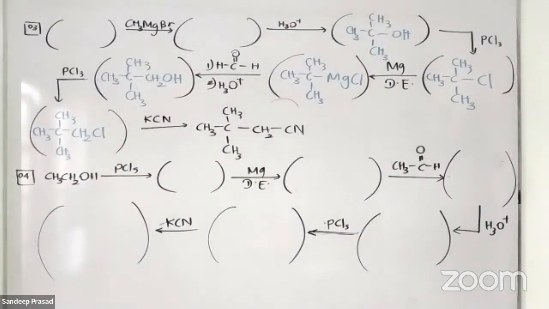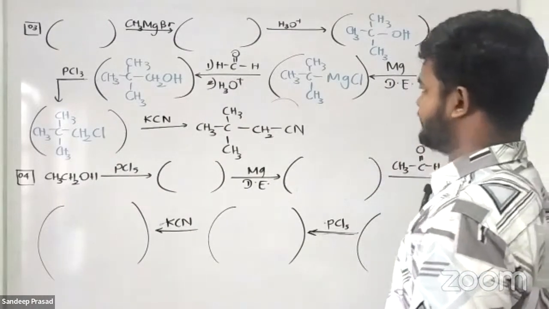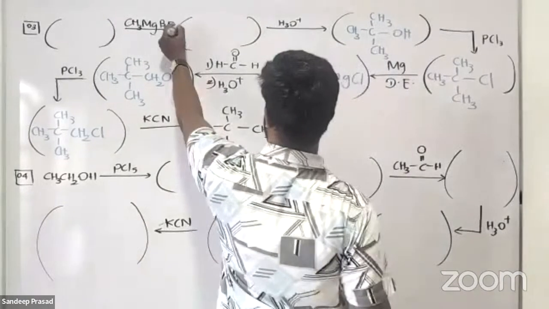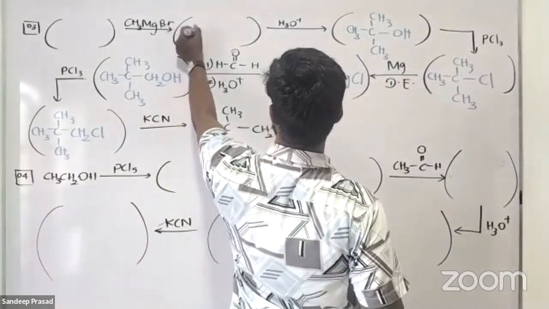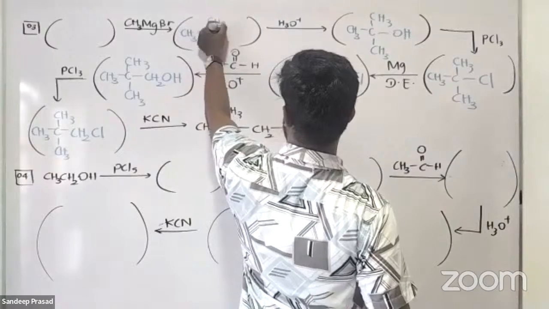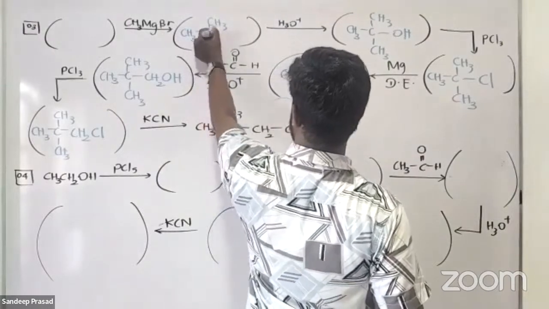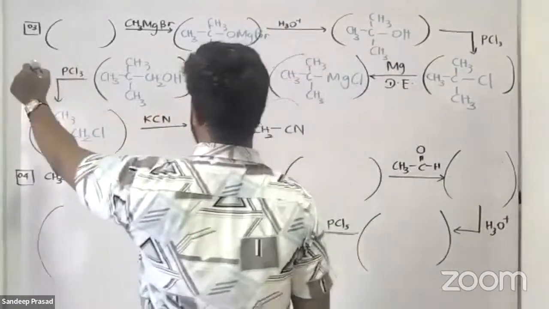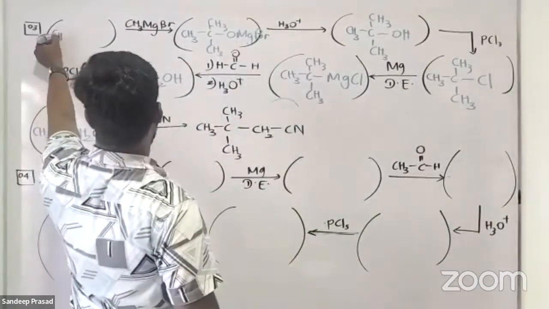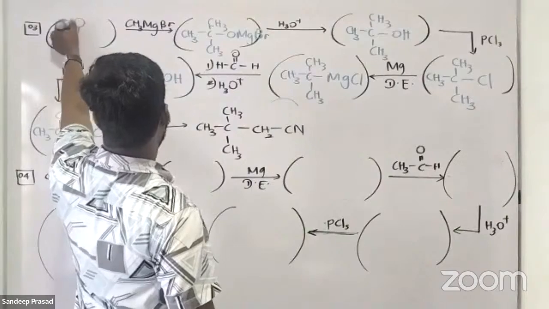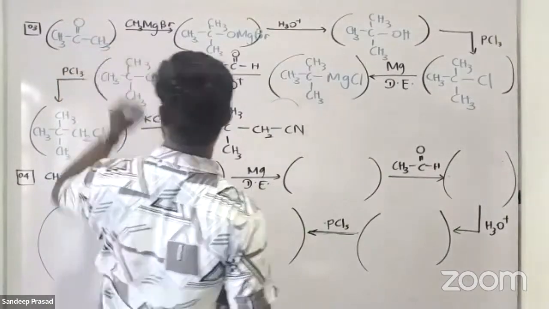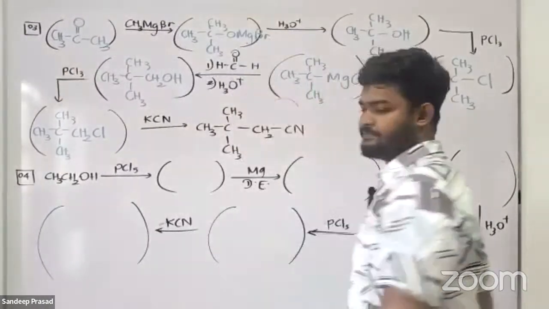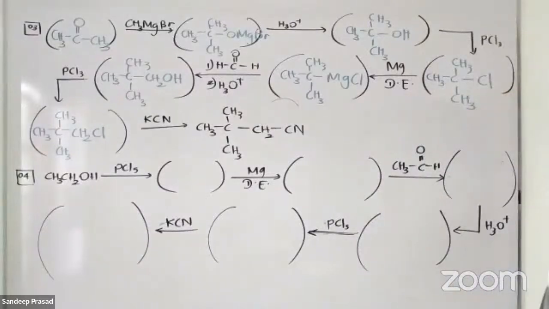Then here H3O plus is added. Therefore, the previous compound is CH3CCH3OMgBr. And here we have acetone, if not, 2-propanone, the ketone. The initial compound is a ketone.